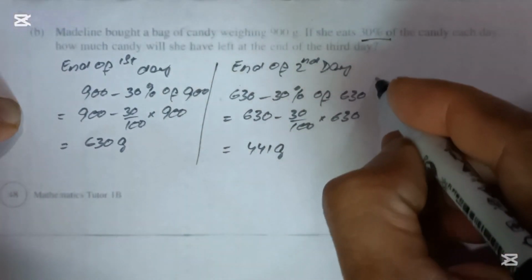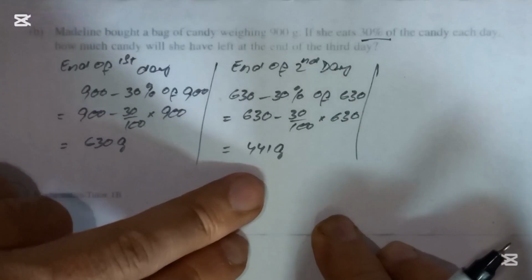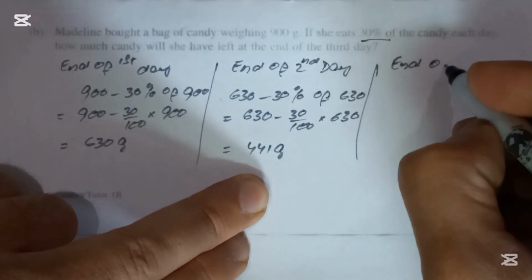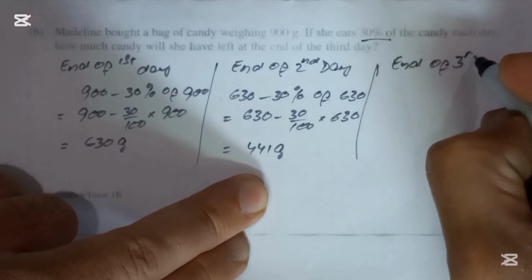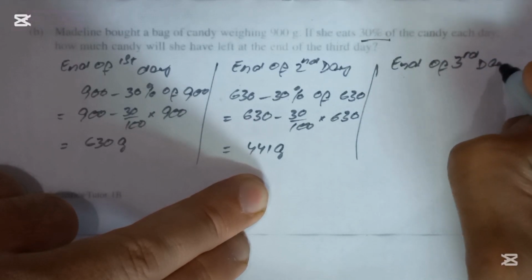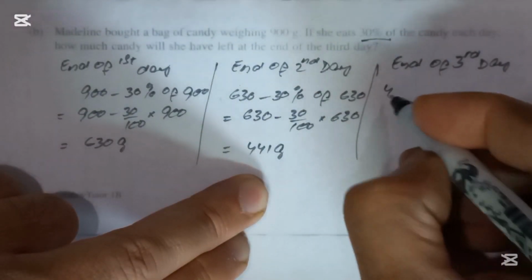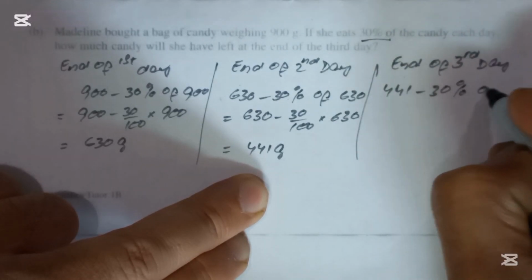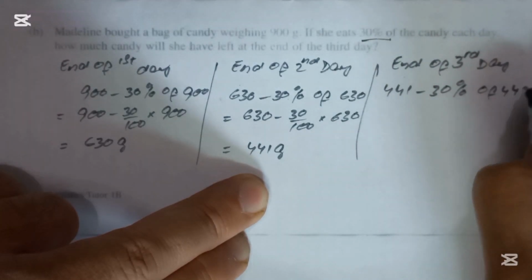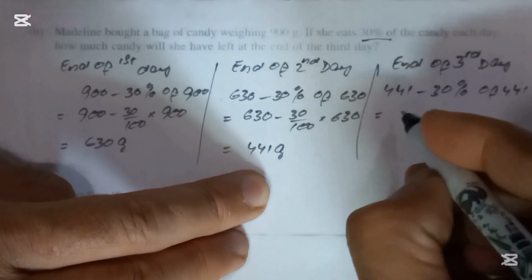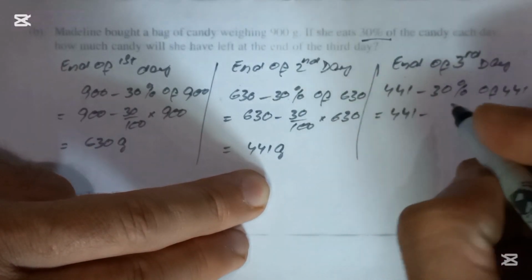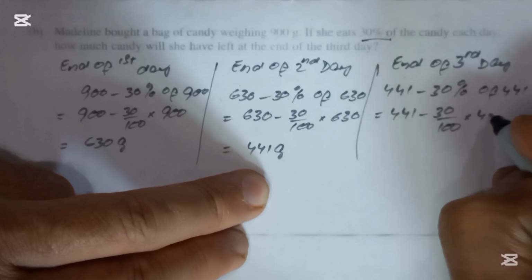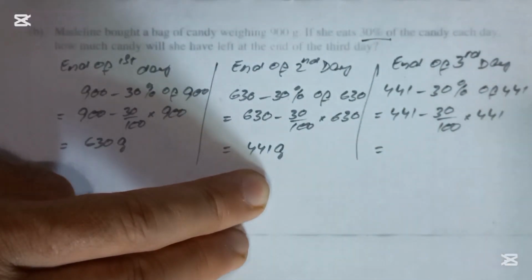This is what is left at the end of the second day. Likewise, the end of the third day can be found by 441 minus 30% of 441. So again the steps are the same. Solve it on the calculator.